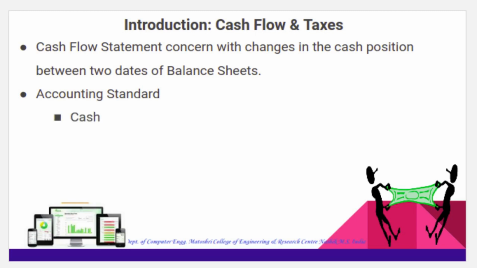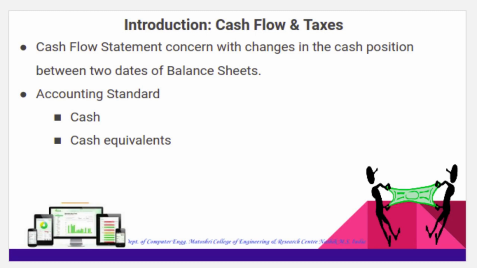Cash: this includes cash on hand and demand deposits with bank. Cash equivalents: this includes purely short term and highly liquid investments which are readily convertible into cash and which are subject to an insignificant risk of change in value.